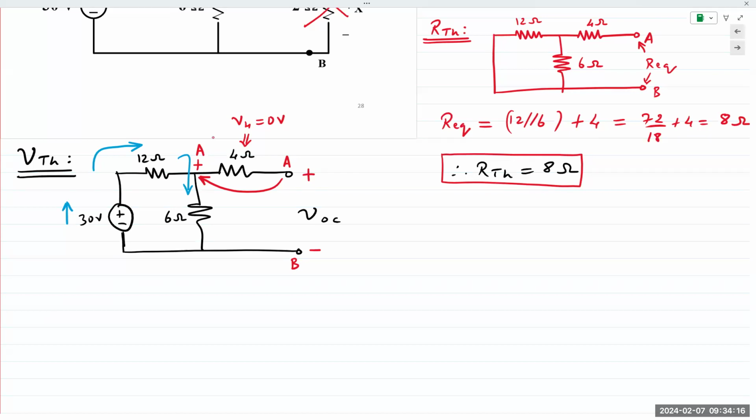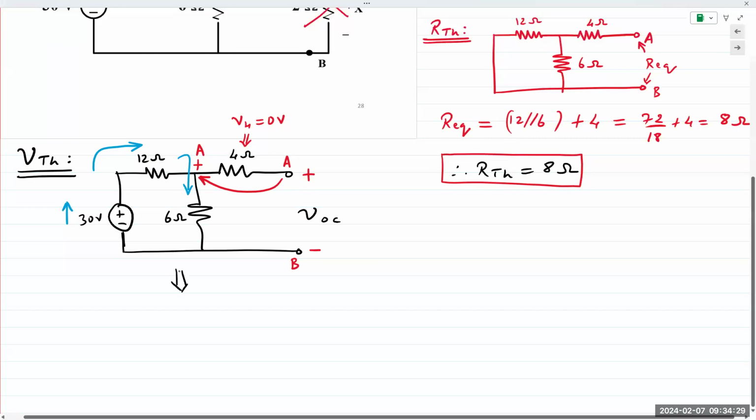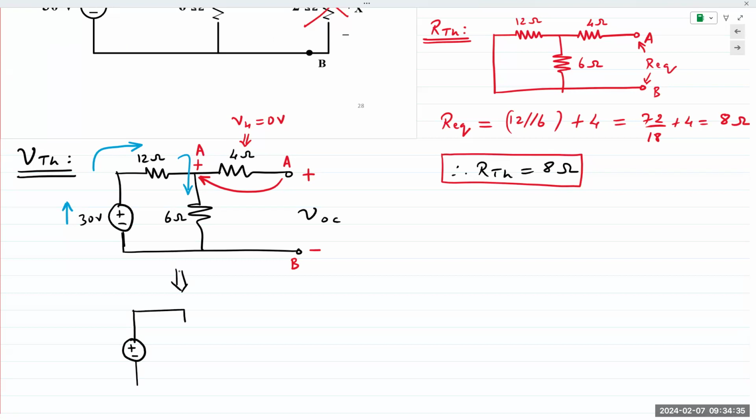Okay, so we established that 12 and 6 are in series because the 4 ohm resistor is not connected. I will draw the circuit diagram in another way. This can be drawn like this. This is the 30-volt source. This is the 12 ohm resistor.